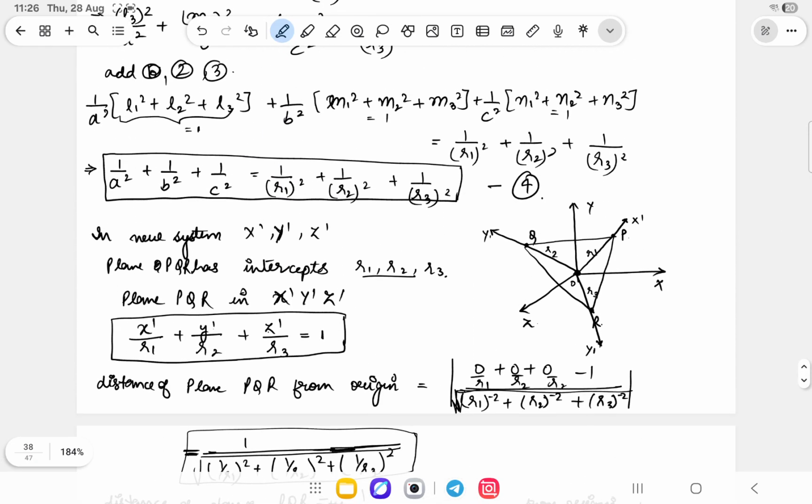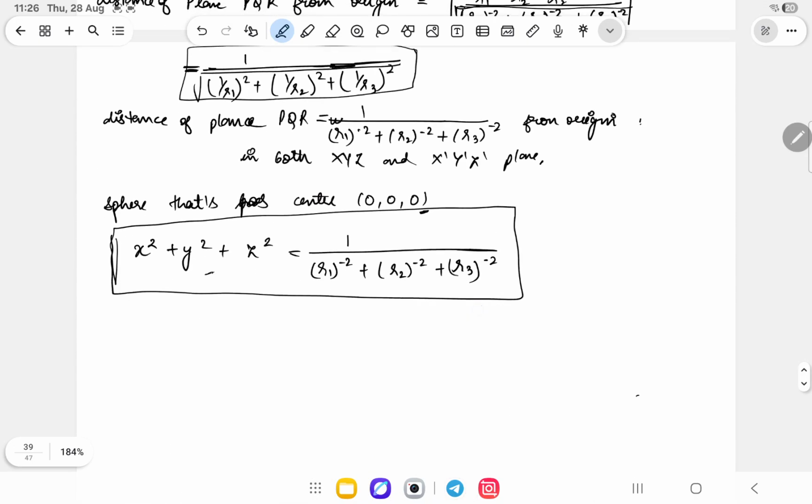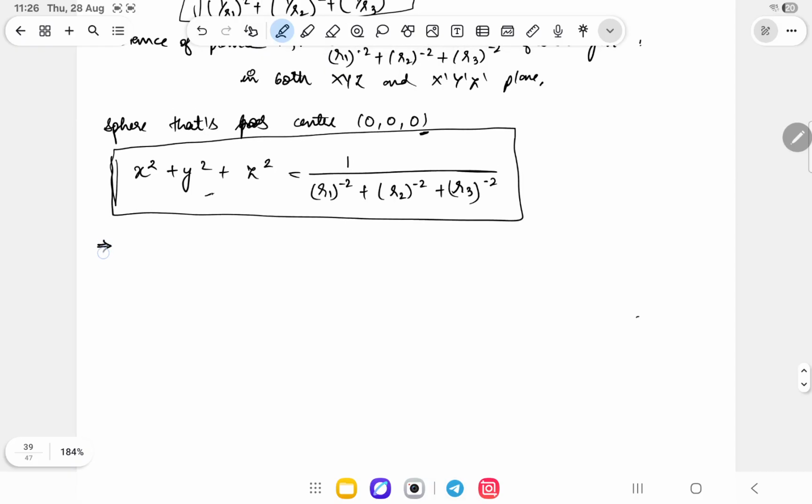And since we have calculated from 4 that 1 by r1 square plus 1 by r2 square plus 1 by r3 square is equal to 1 by a square plus 1 by b square plus 1 by c square, I can use this relation in the equation of sphere. So I'll get x square plus y square plus z square is equal to 1 upon 1 by a square plus 1 by b square plus 1 by c square.